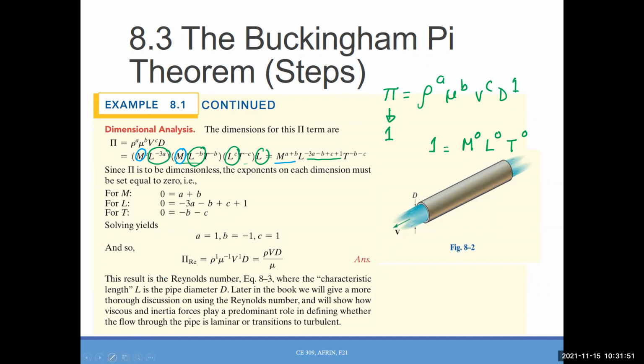How many T's do we have here? 1, 2. Now on this side, everything is 0. So for M, 0 equals A plus B. For L, it's 0 equals -3A plus B plus C plus 1. For T, it's 0 equals -B minus C. So from 3 equations, 3 unknowns, you can solve that. So that's what they did. A equals 1, B equals -1, C equals 1. Finally, they had this one.